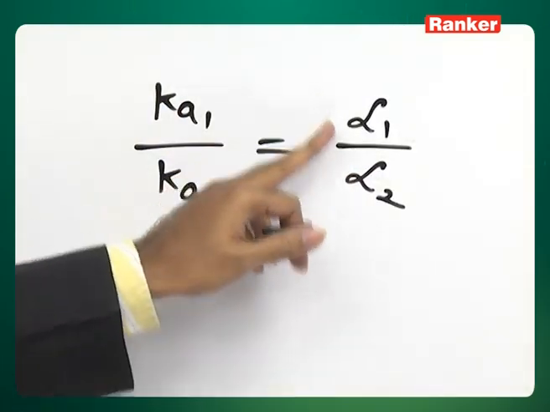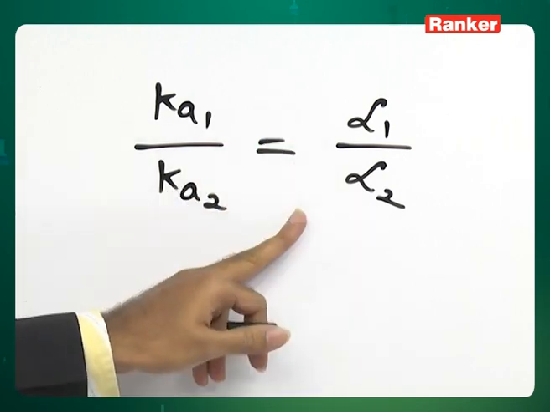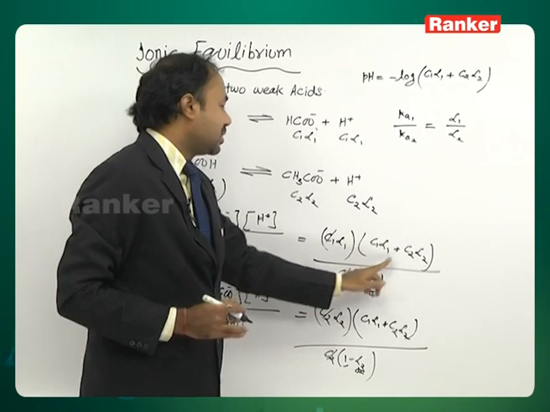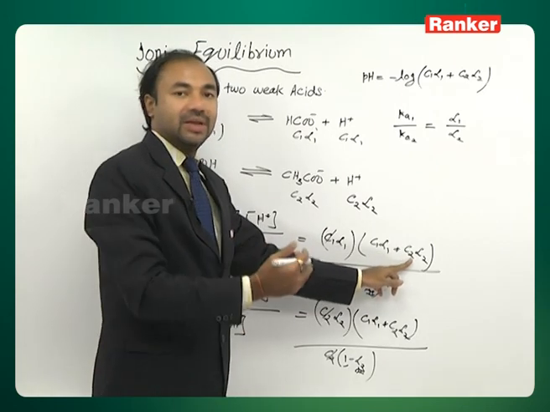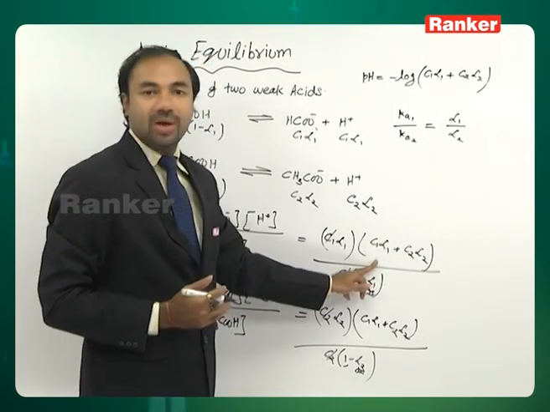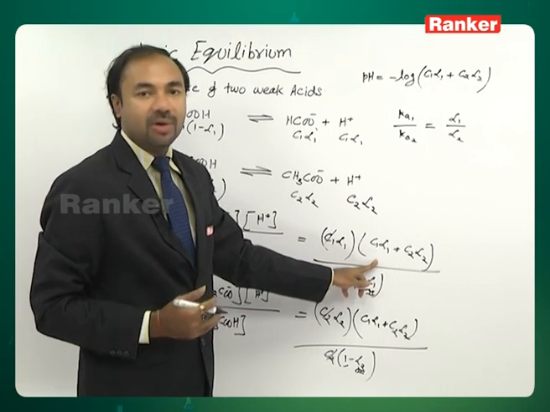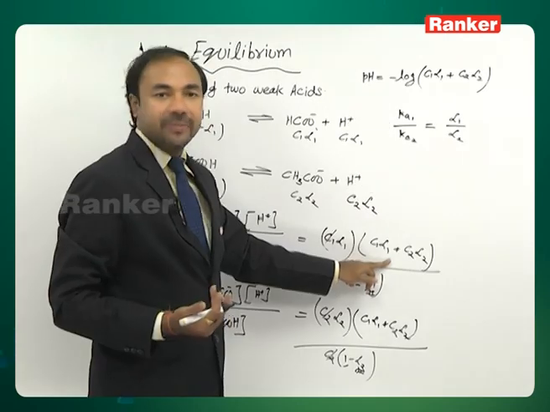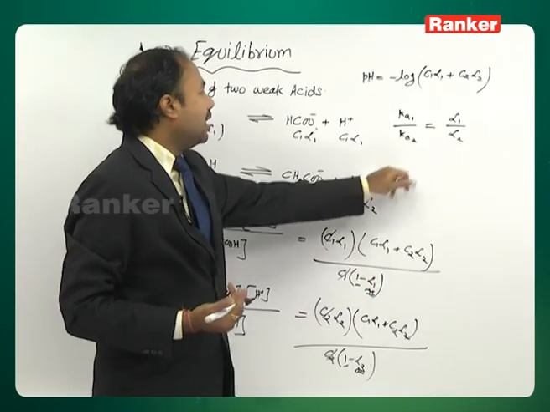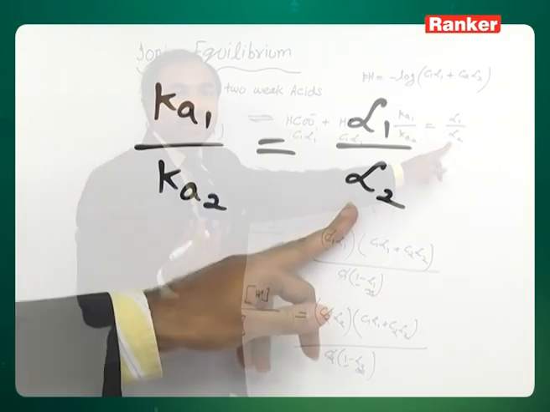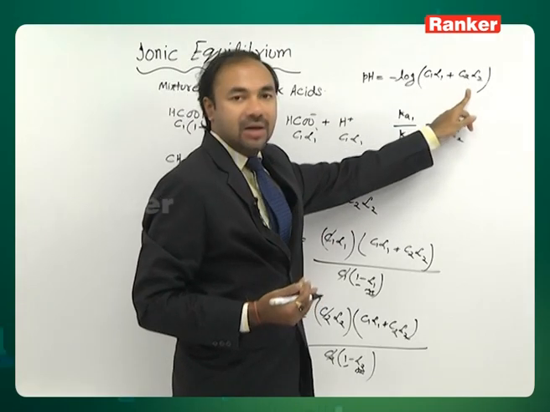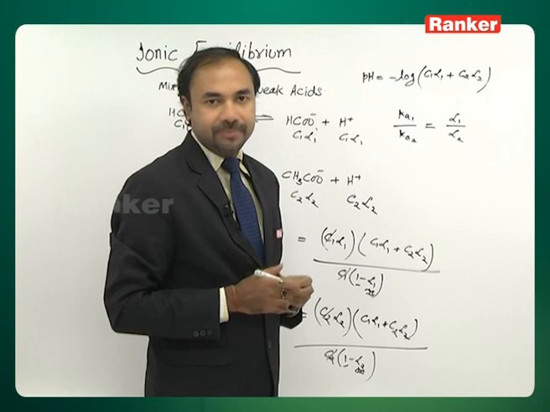So we got a ratio of alpha 1 and alpha 2 from this equation. Ka1, Ka2 will be given to you. If this we substitute here, one in terms of the other, we will get the value of that particular one. After getting it, you substitute it again here. Suppose previously you calculate alpha 1 from this equation, now you substitute the value here, you will get alpha 2. After getting alpha 1, alpha 2, substitute them here, we get the pH of the solution. Okay.